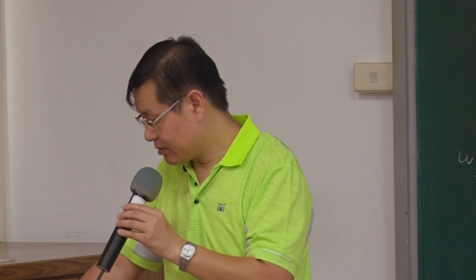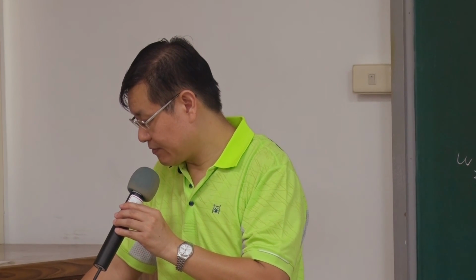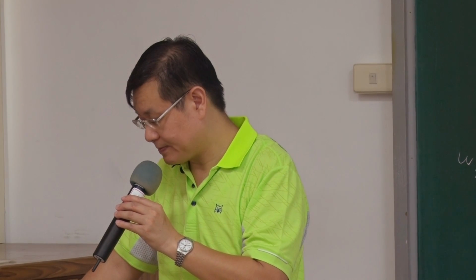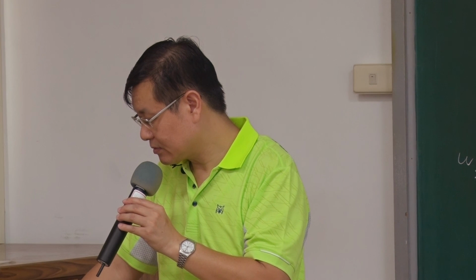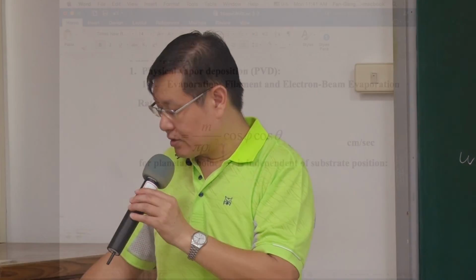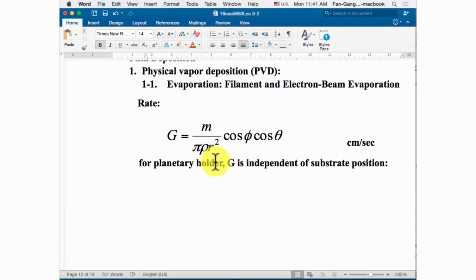The final deposition rate will be the product of these two cosine laws: cosine phi times cosine theta times the total material deposited into the semi-sphere.